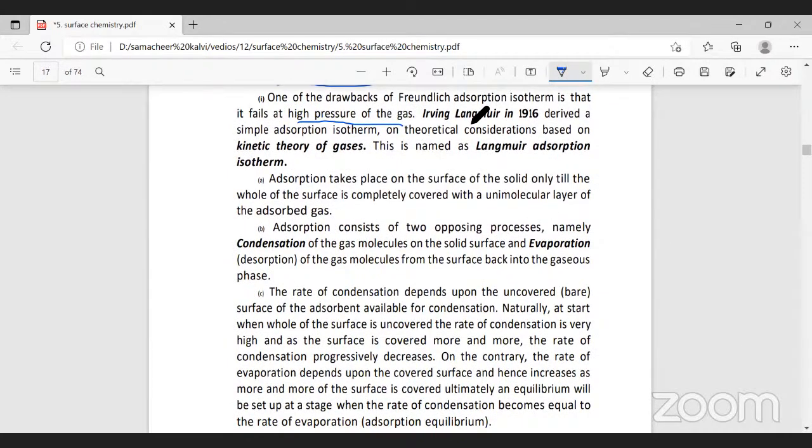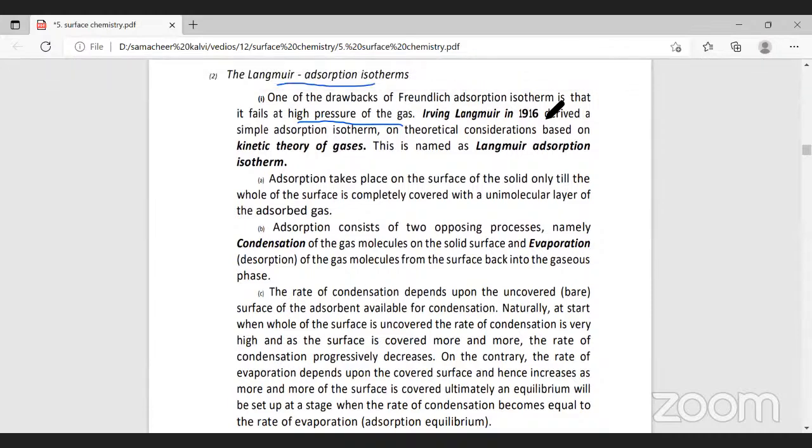So Irving Langmuir in 1916 derived a simple adsorption isotherm on theoretical consideration, based on the kinetic theory of gases. Adsorption takes place only till the whole surface is completely covered with a unimolecular layer of the adsorbed gas.